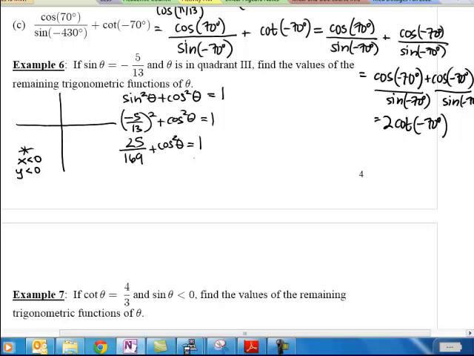And we want to subtract that from both sides. So I'll rewrite my 1 as 169 over 169. It's going to leave me with 144 over 169. So we've got cosine of theta is either positive or negative square root of that, which would be 12/13. Because we're in quadrant 3, we know we want negative.